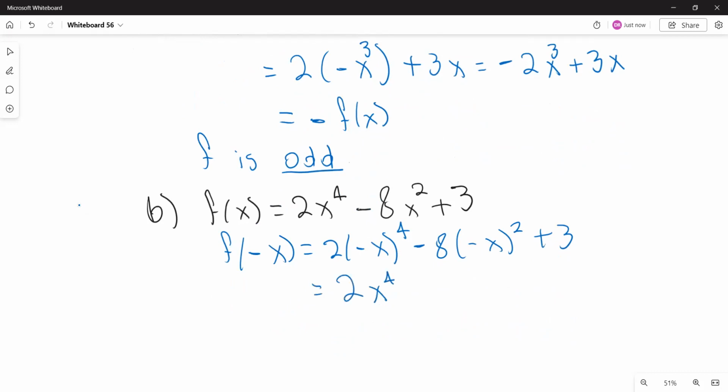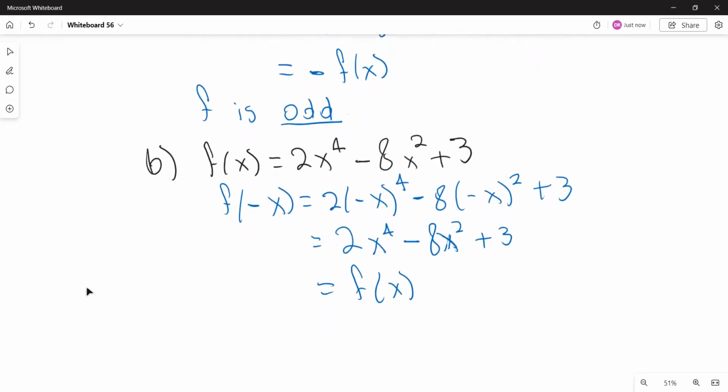Minus times minus is plus, times minus is minus, times minus is plus. Then the opposite of x raised to the 2nd power is going to be x squared, plus 3. So we actually have the same function we began with. And because of that, f is even.